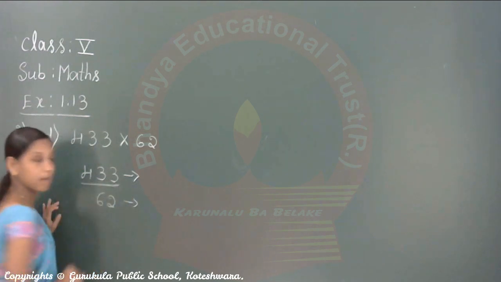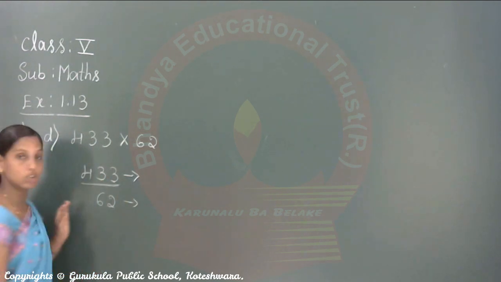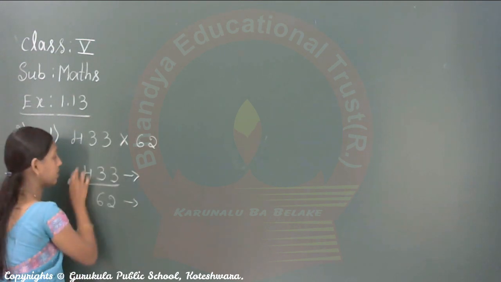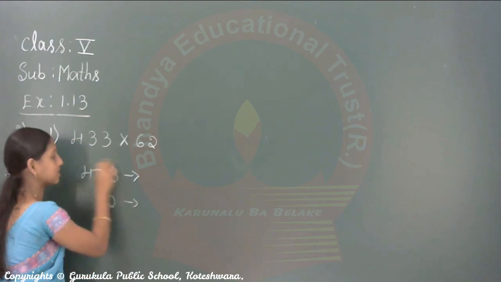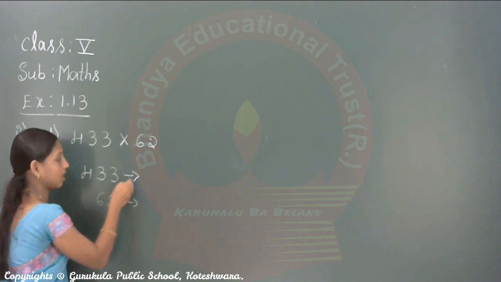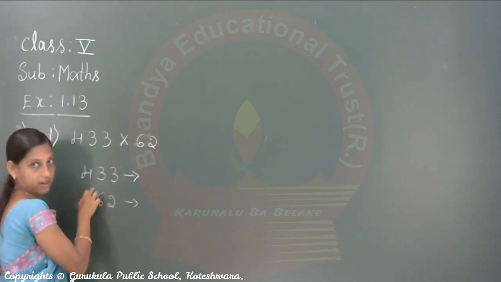For example, for the number 433, you have to round off to its maximum place. It may be any number. For example, 433: here the hundreds place is there. Round off to the nearest 100.